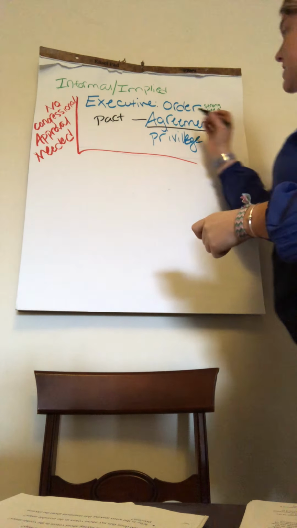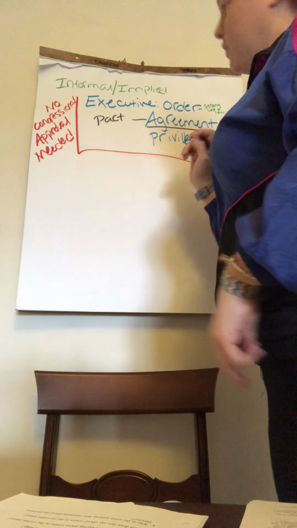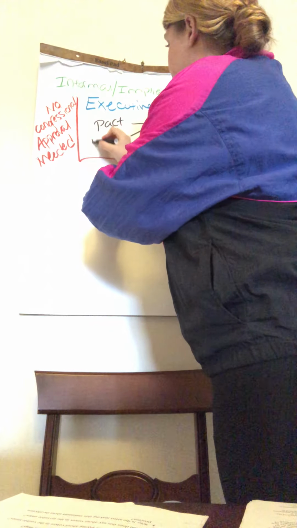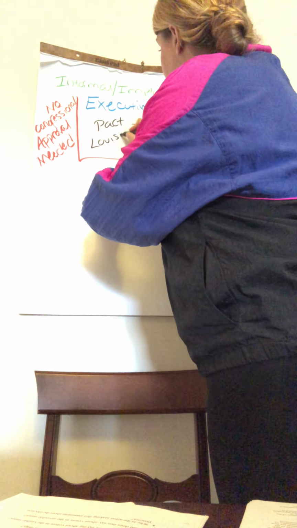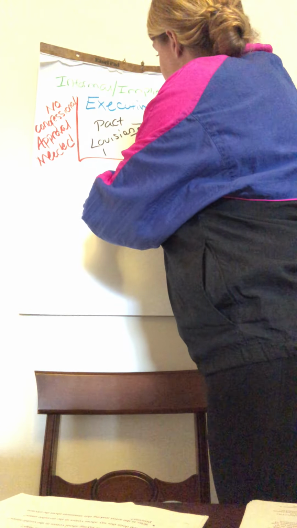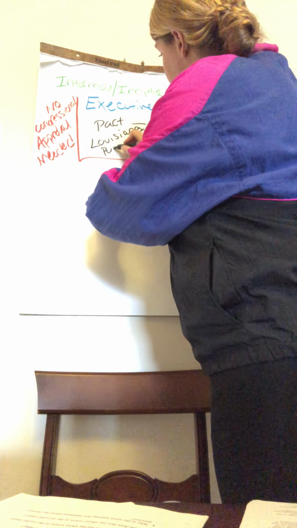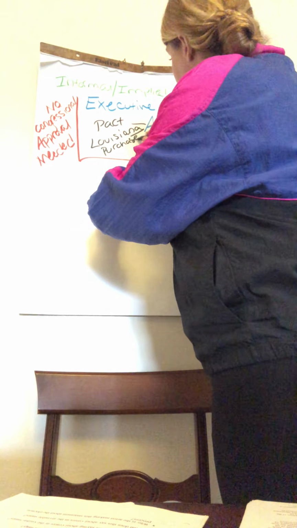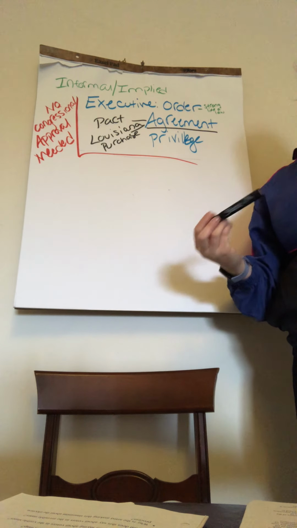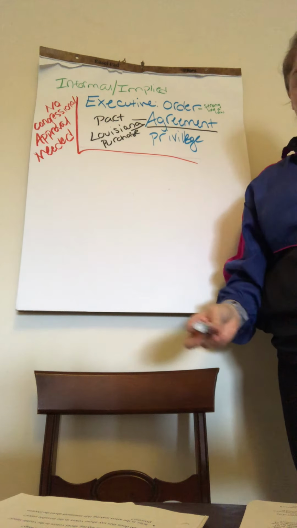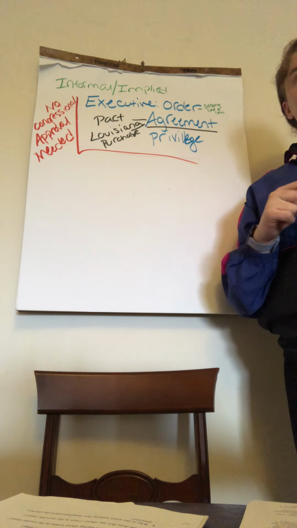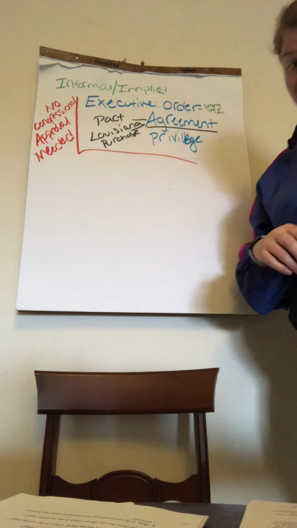So a really famous executive agreement would be the Louisiana Purchase, when we purchased the territory of Louisiana, and it's much more than just the state, it's a huge area, from France.